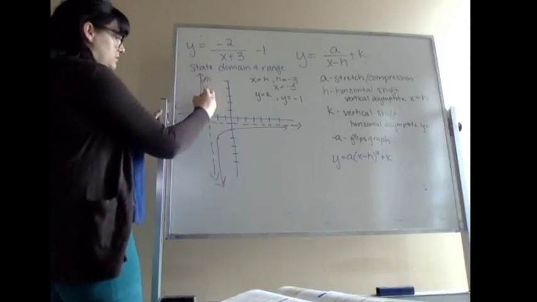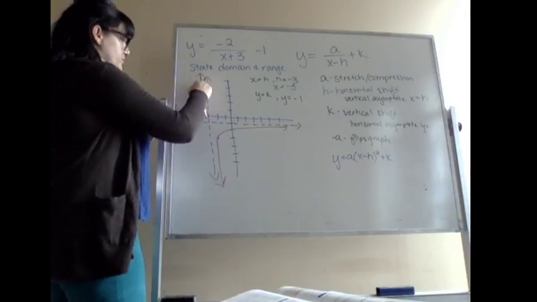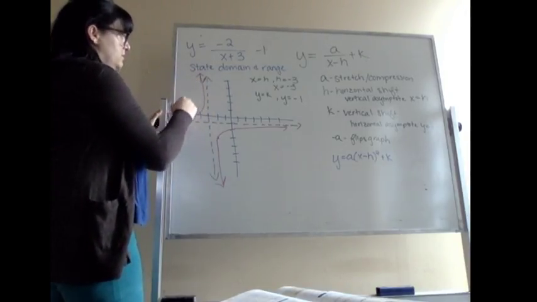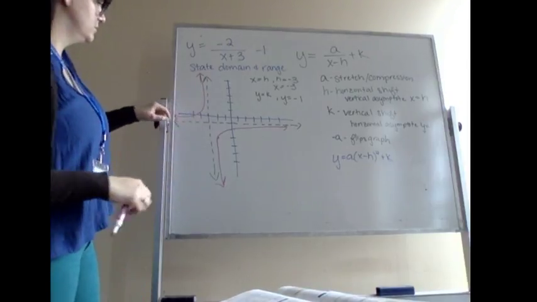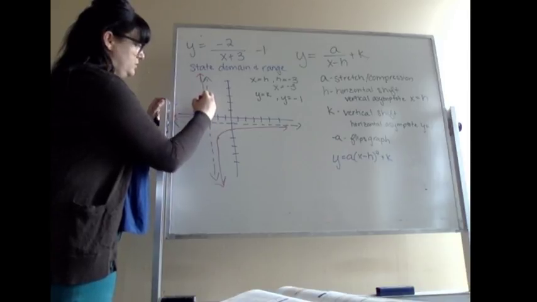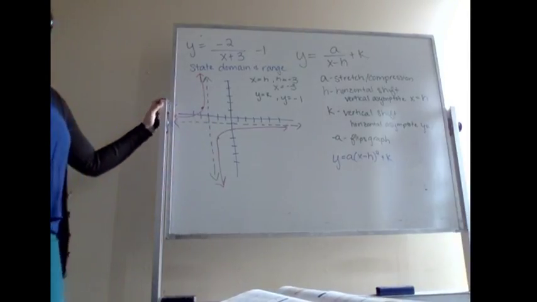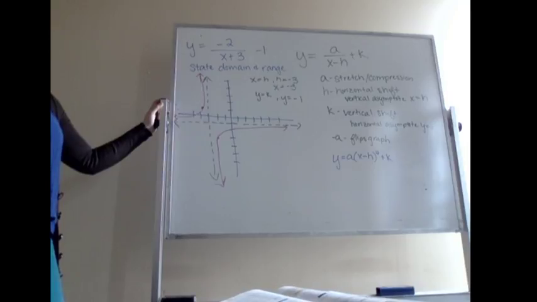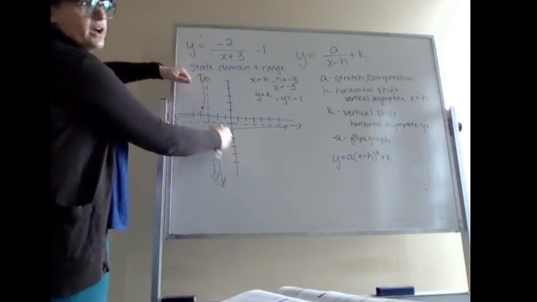It would have been up 1 over 1, now it's up 2 over 1. Okay, so I thought A made it sharper or smoother, but it changes the pulling it away.